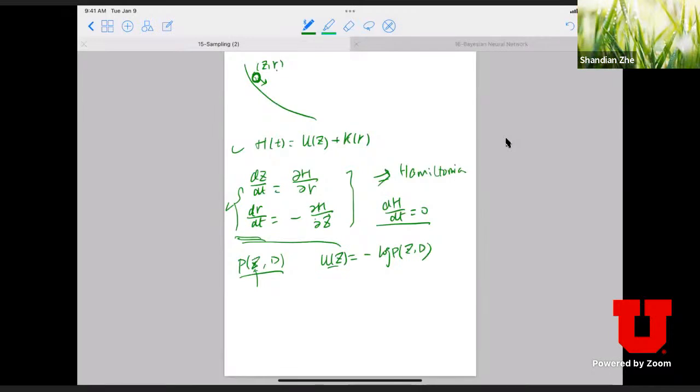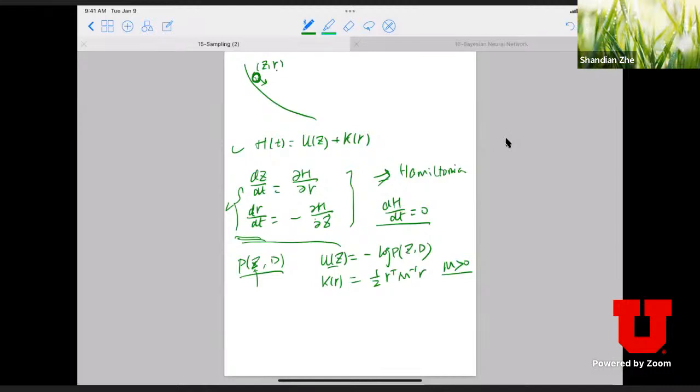And then we can define the kinetic energy, and its most common choice is just a quadratic form, R transpose M inverse R, where M is a positive definite matrix. Okay.